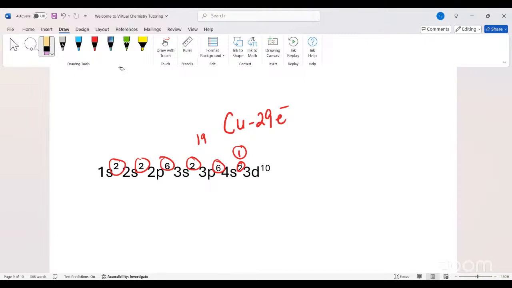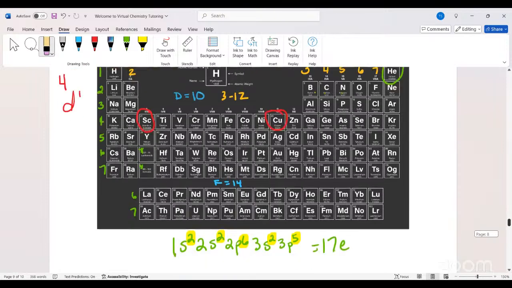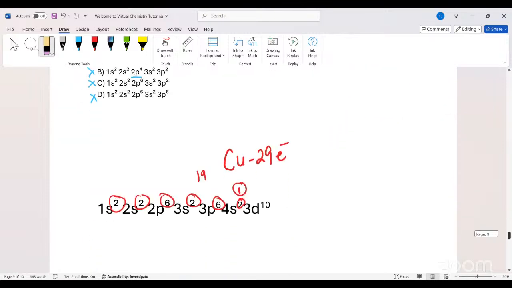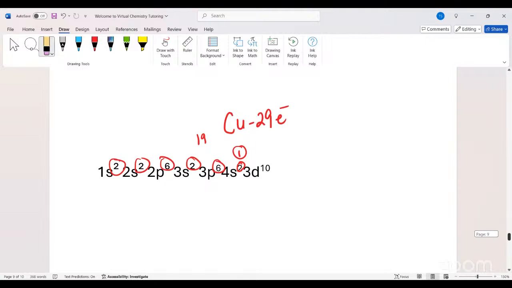Oh, whoa. Hold on. I don't think I counted too far. Or did I? Hold on. Let me make sure. Yeah, 29. Yeah, I'm moving fast. Okay. So we're going to end up putting right here, we're going to get our electronic configuration, okay?